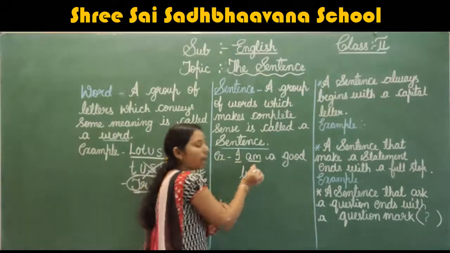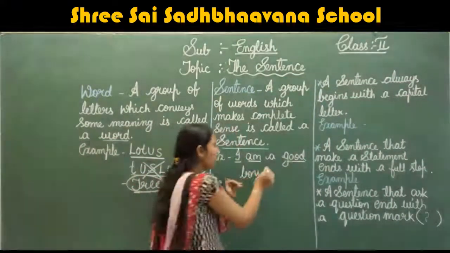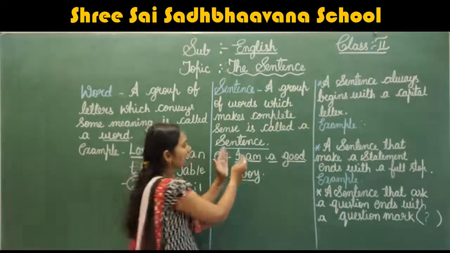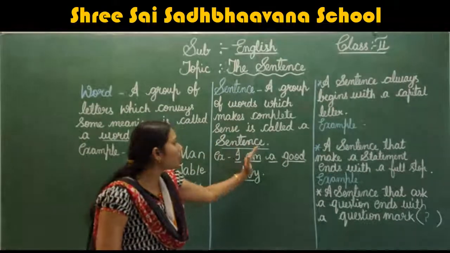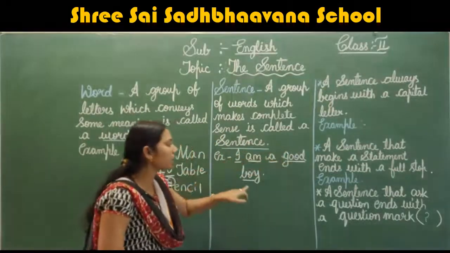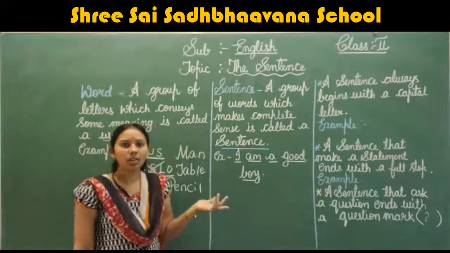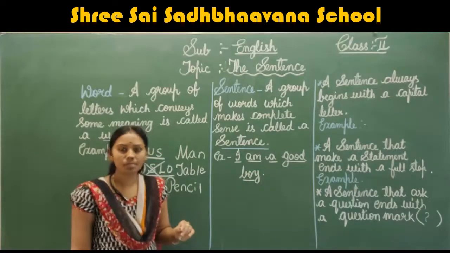I am is one word group. Good is a word. Boy is a word. So here is a group of words which make complete sense. There should be a meaning in it. That type of words are called sentences.